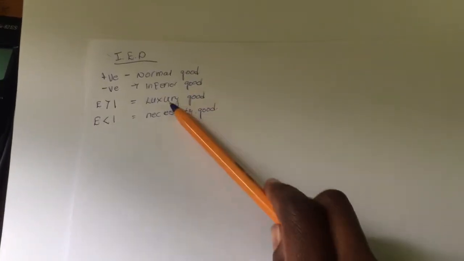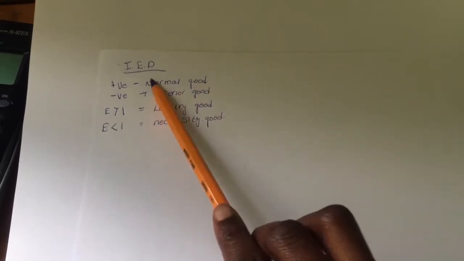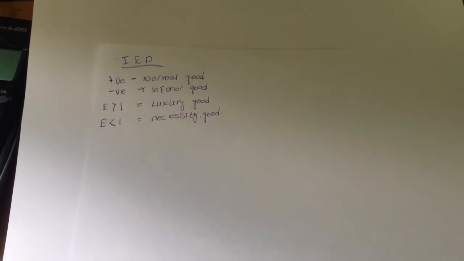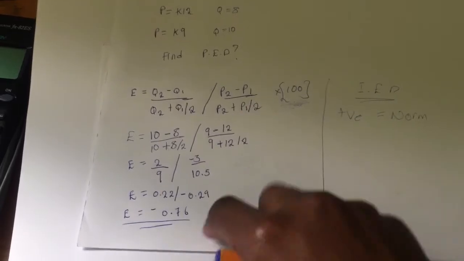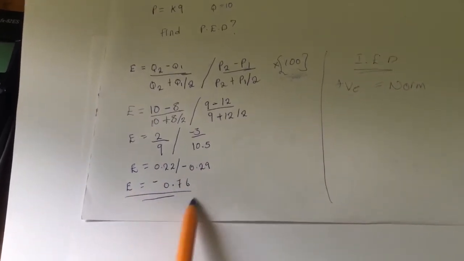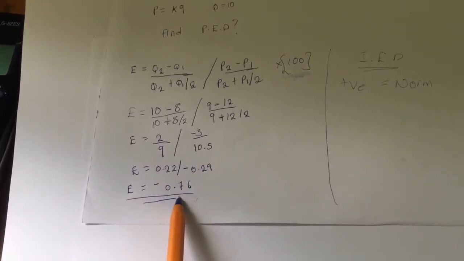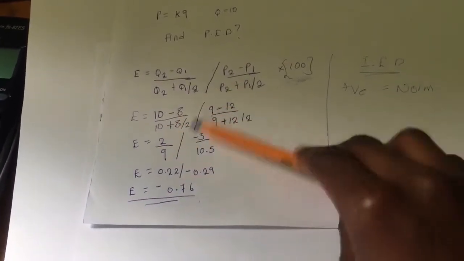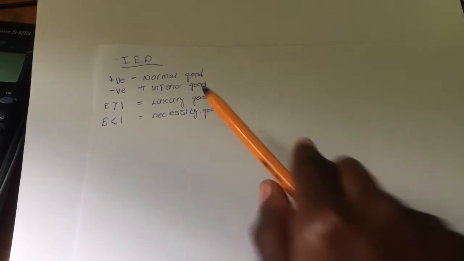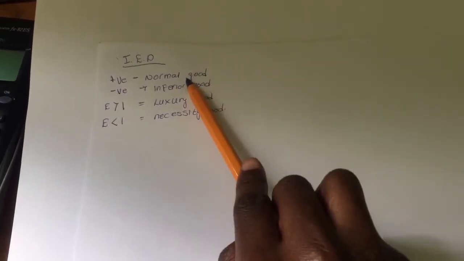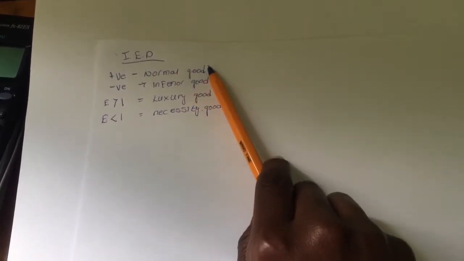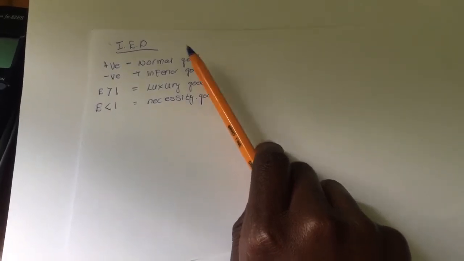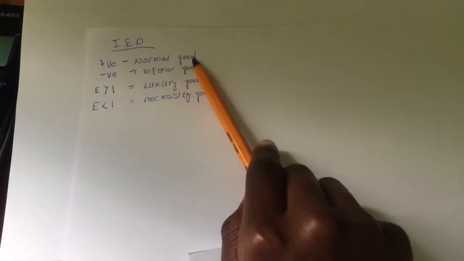But with the income elasticity of demand, if your answer is positive, then the good you're dealing with is a normal good. So normal goods are simply goods whose demand increases with increase in income. So you get more money, you demand more of them. So that's a normal good.